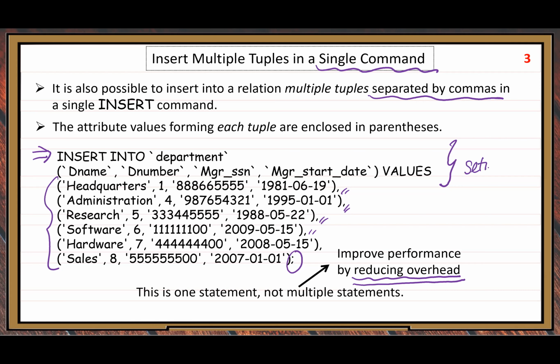If you use the single command version for each command, you need to spend some time on the setup part. For 6 commands, you need to spend the overhead setup part 6 times. But here, we use one command to insert 6 rows, so we only spend the setup part once.